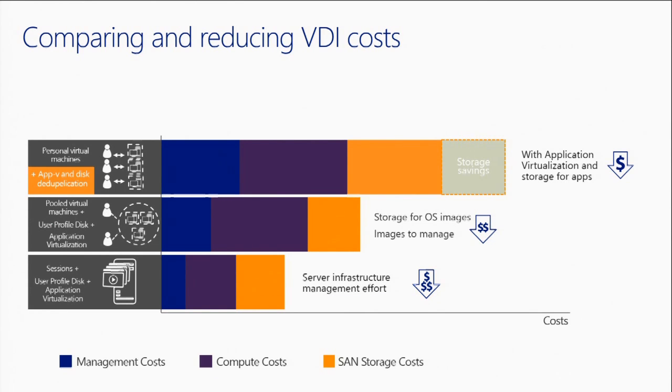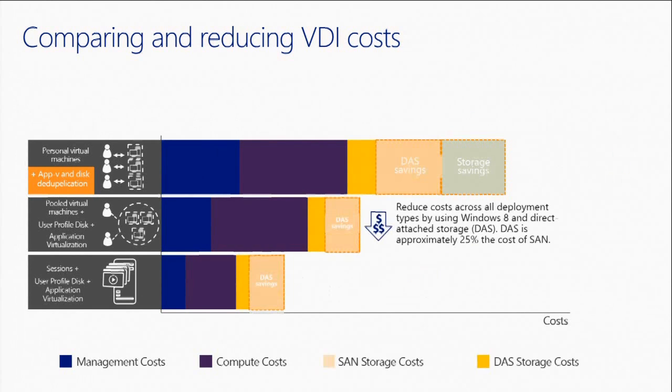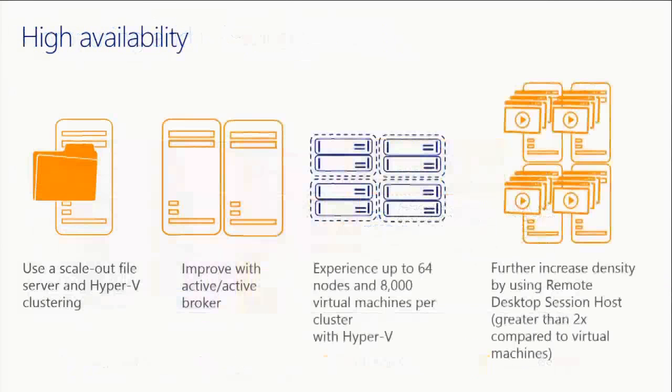Also, your compute costs go down because we can get twice as many users on the same hardware. So we can buy half as many servers if sessions does what we need it to. And then, oh, that's right, we can use direct attached storage instead of the SAN, and we can save even more money on top of that by using those local disks instead of having to invest in a SAN. So I talk about saving costs, and I talk about why Microsoft VDI. That's the quick shot view of how we save you that.